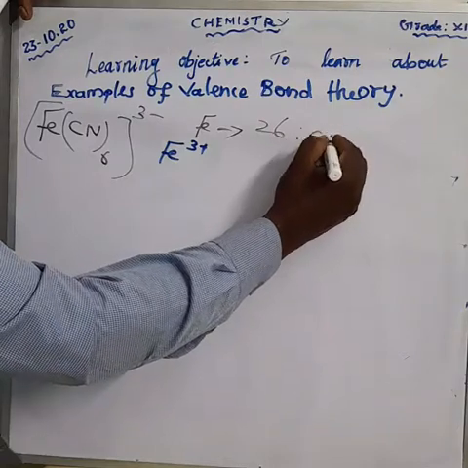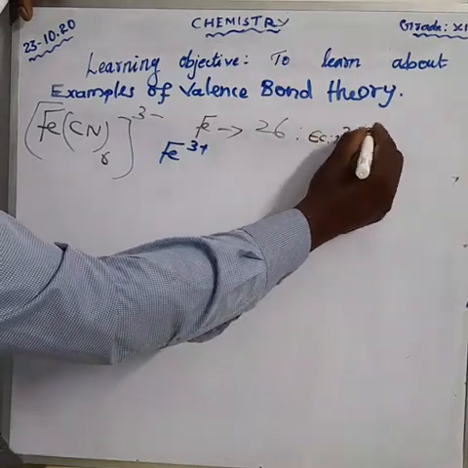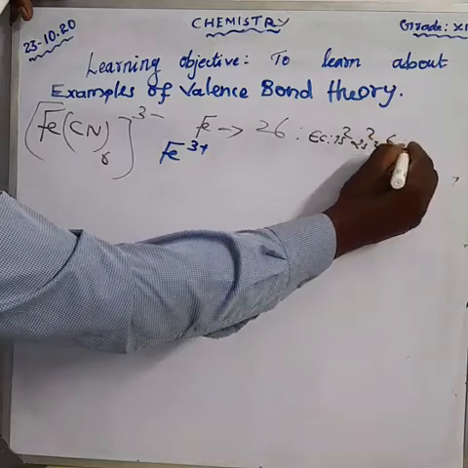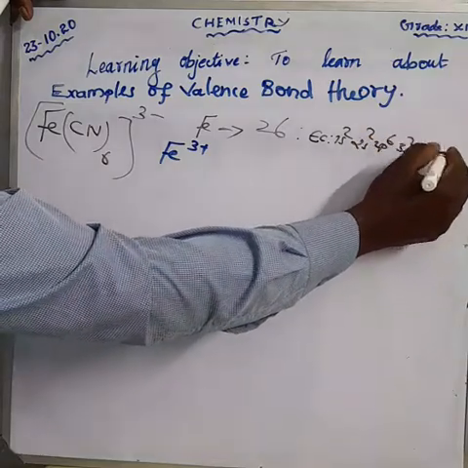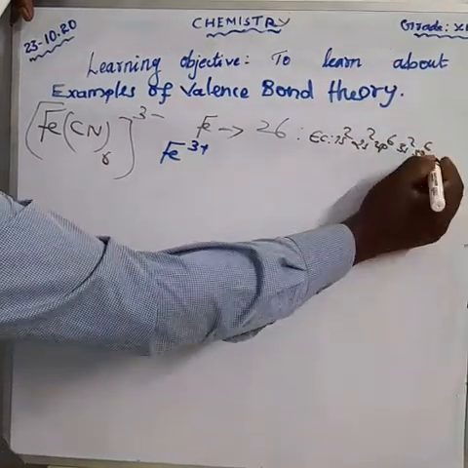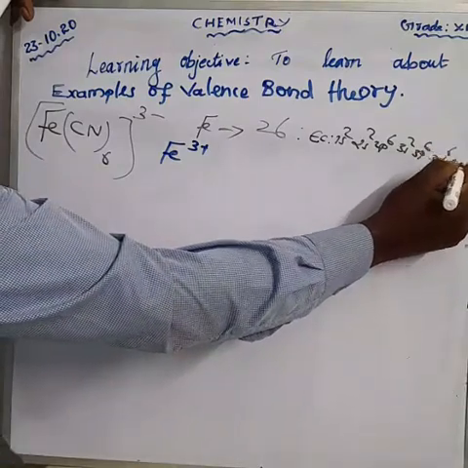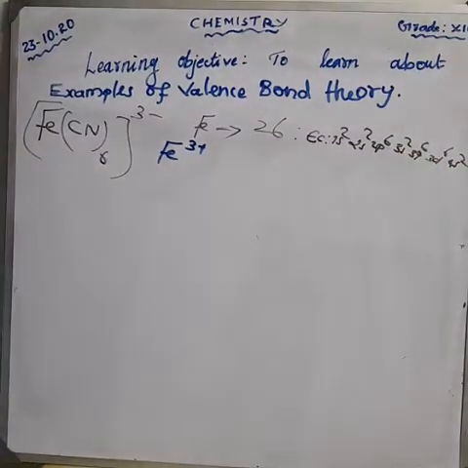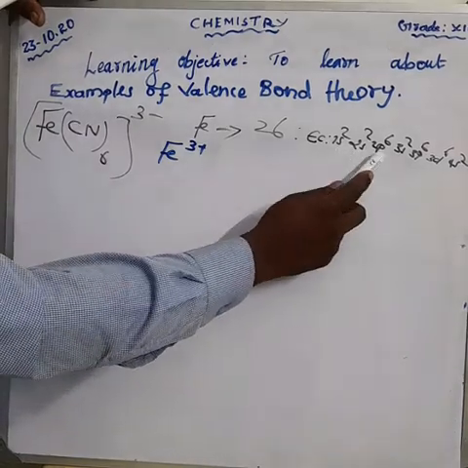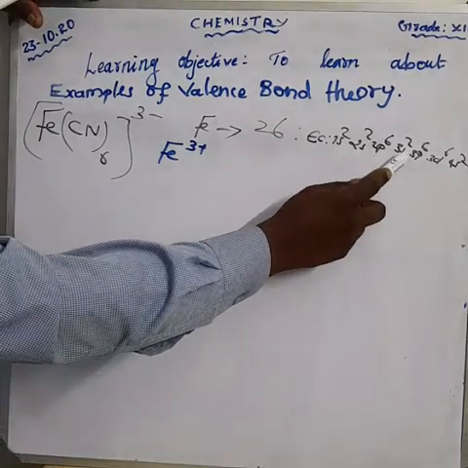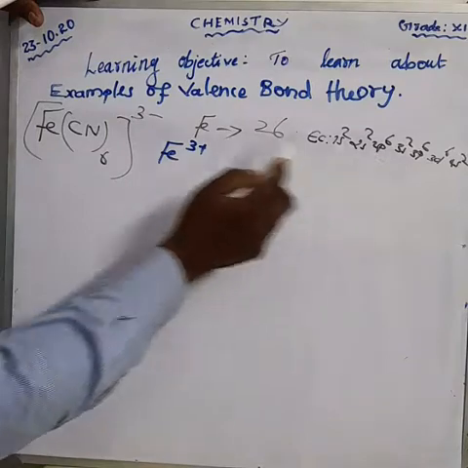The electronic configuration is 1s2, 2s2, 2p6, 3s2, 3p6, 3d6, 4s2. Shall we count that? 2 plus 2 is 4, plus 6 is 10, plus 2 is 12, plus 6 is 18, plus 2 is 20, plus 6 is 26.